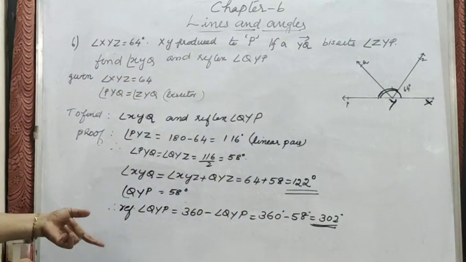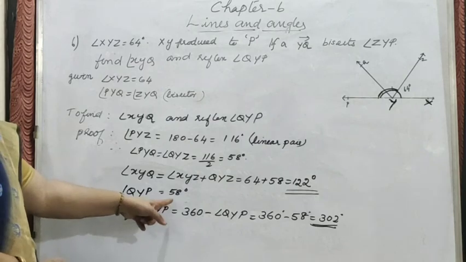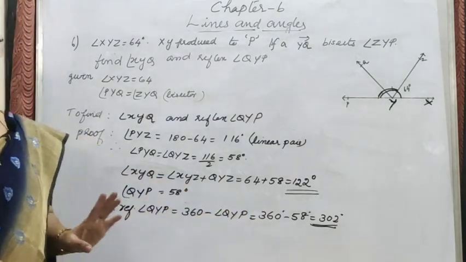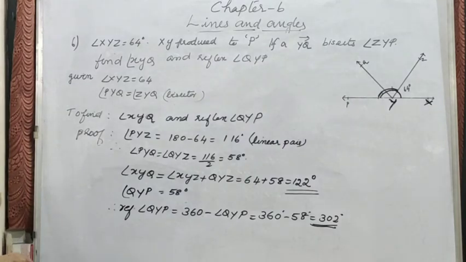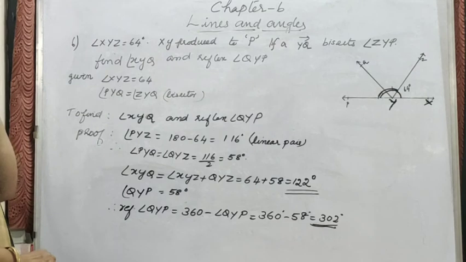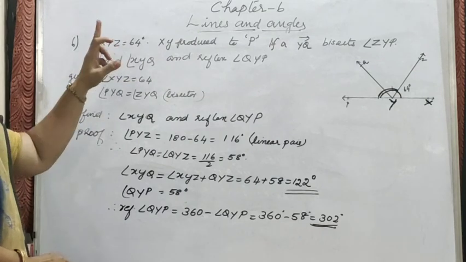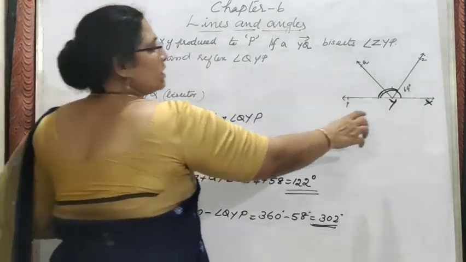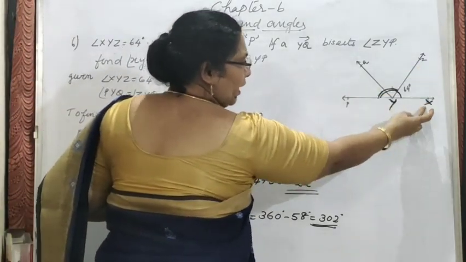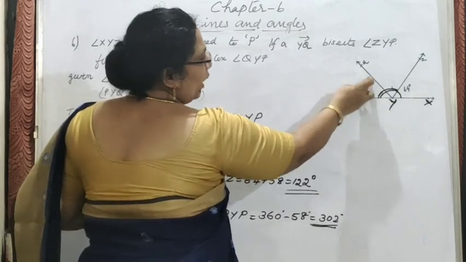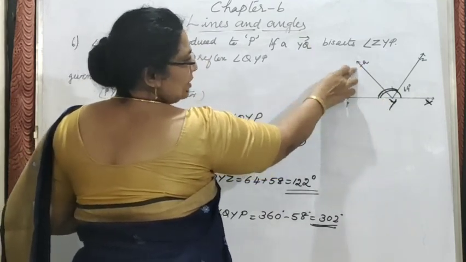Now one more angle is asked, reflex QYP. Since it is 58, reflex QYP means 302 degree. So the question is XY produced to P. There only the error will come. What is the first step? Angle XYZ 64 degree to be constructed, drawn. XYZ is 64. Now XY is produced to P. Now YQ bisector, so the bisector is drawn.